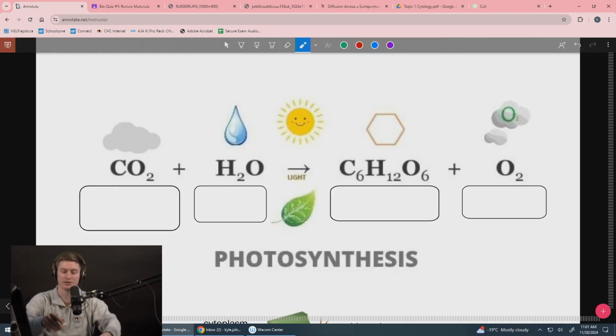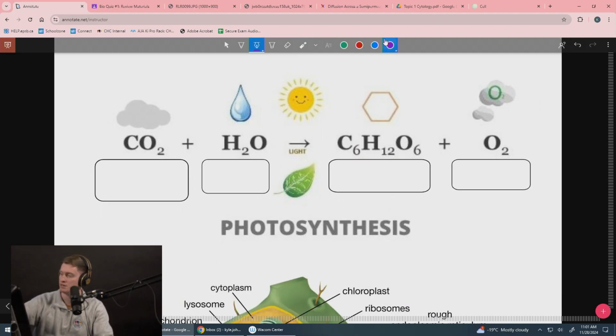Here's the reaction on the other page. We're going to balance it because we're good chemists. So 6 carbon dioxides plus 6 water make 1 glucose and 6 oxygen. This chemical here, this is our carbon dioxide.